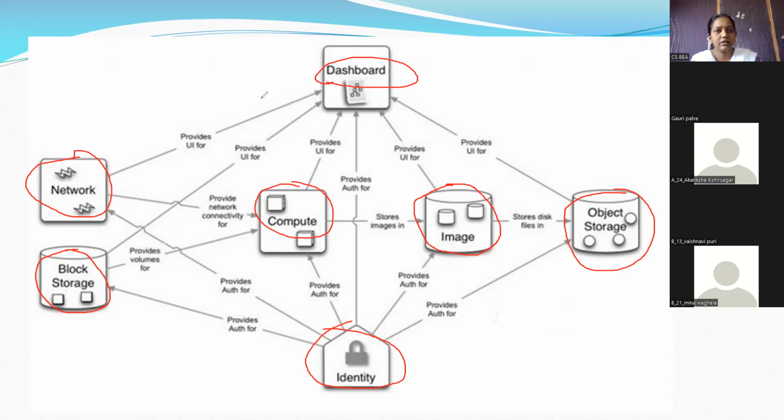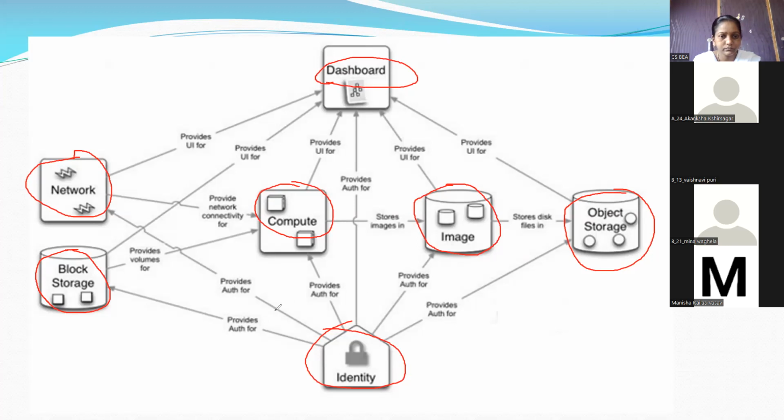So be clear with the concept of all these things, which are very important from the architectural point. If you have a theory paper for this subject, then this is a must question: explain the OpenStack architecture.